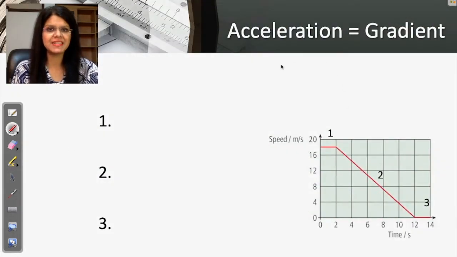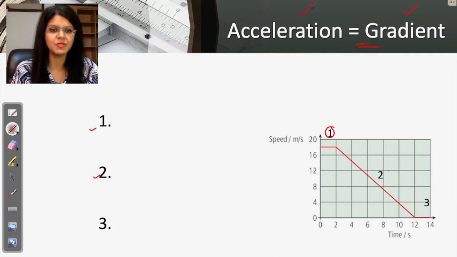Now that we understand that the acceleration is the same as the gradient, let us solve this example. We have to find the acceleration in part 1 of the graph, in part 2 of the graph, and in part 3 of the graph.